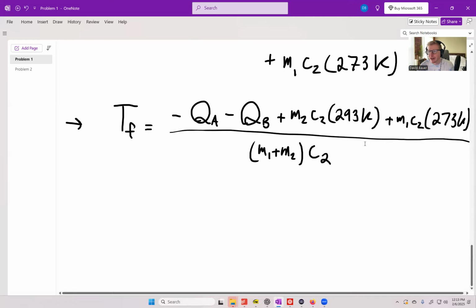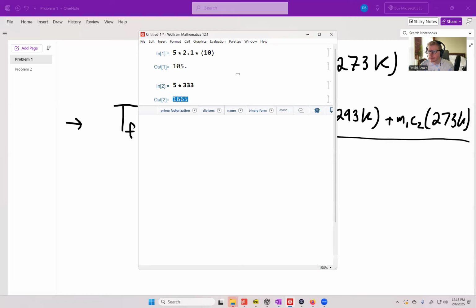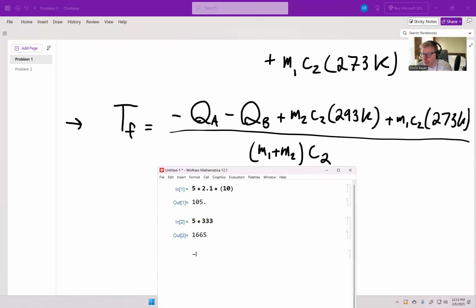All right, so now I can plug in. I have minus my two heats I calculated earlier. So minus 105, minus 1665, plus M2.